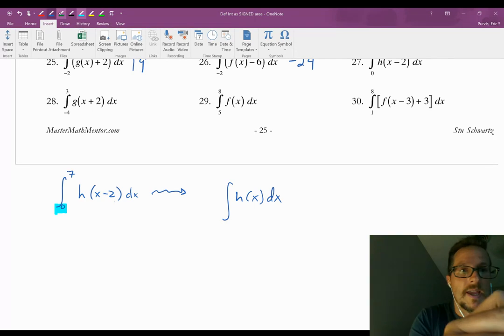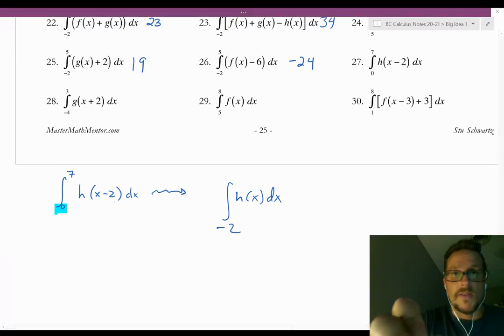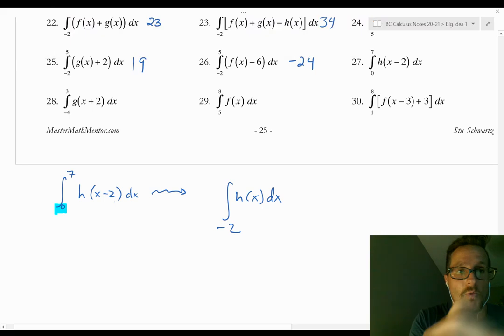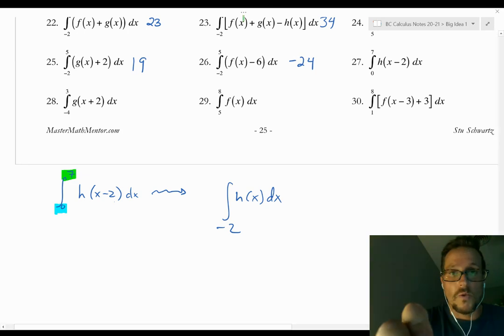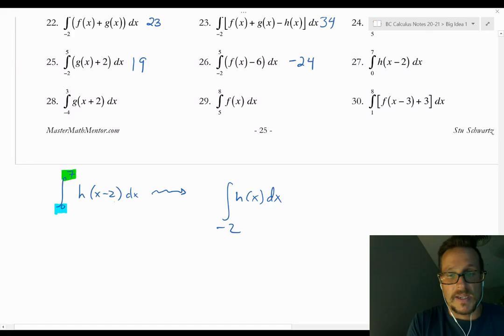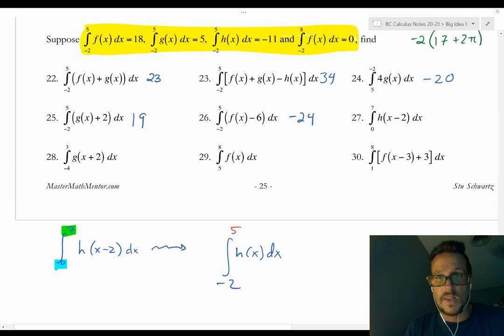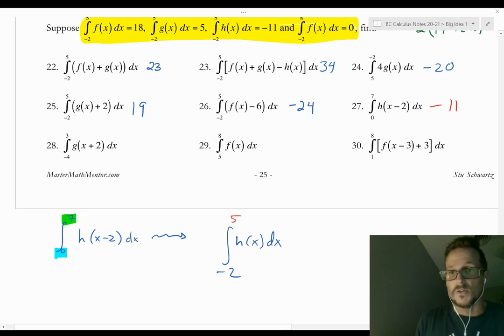So that's the same here as negative 2 as my lower limit. And then back in shifted world, if the x value is 7, if you sub that in, it's the same as h of 5. So in the unshifted h, that's the same as the integral from negative 2 to 5, which we're given. That's negative 11. So that was a horizontal shift as opposed to a vertical shift.